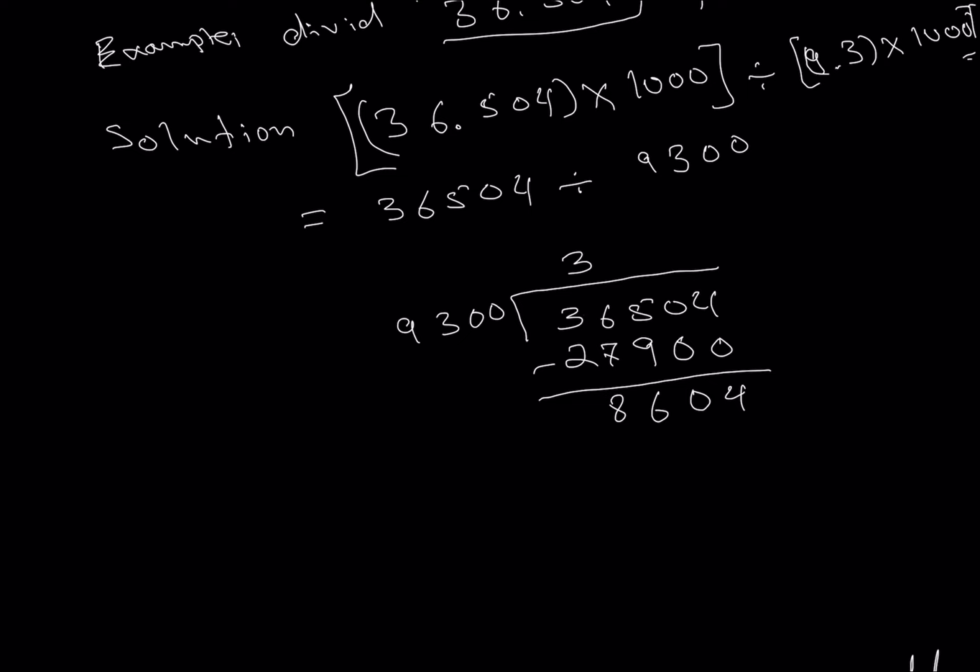So that's 8,604 divided by 9,300. That does not exist, so we have to add a decimal point and a 0, so it becomes 86,040 divided by 9,300.